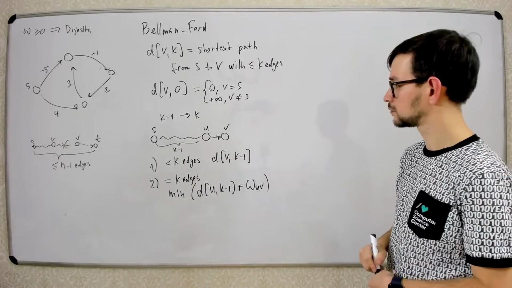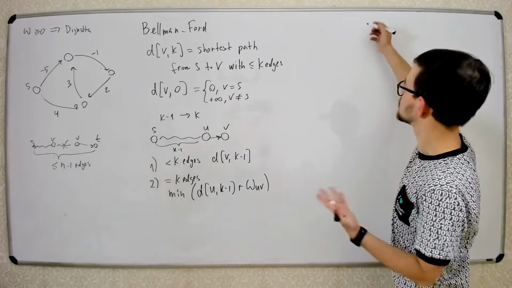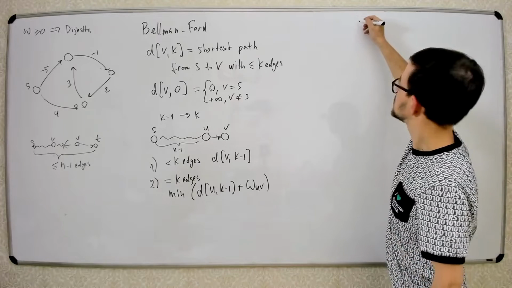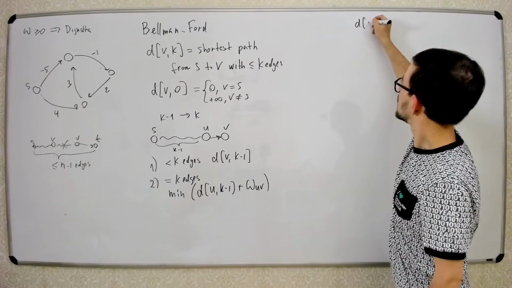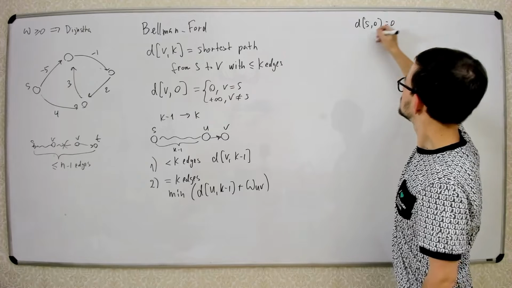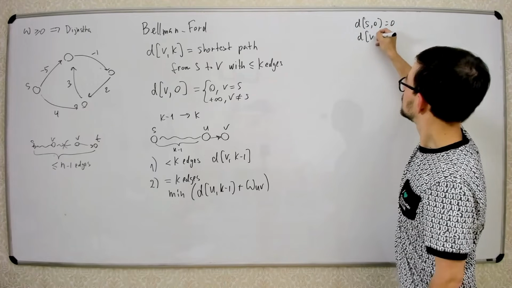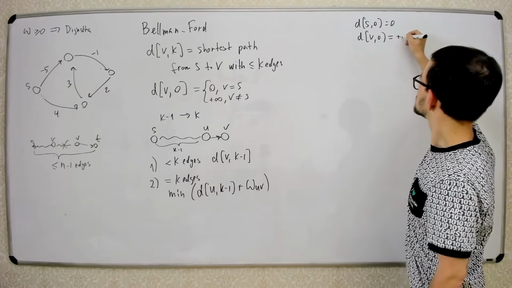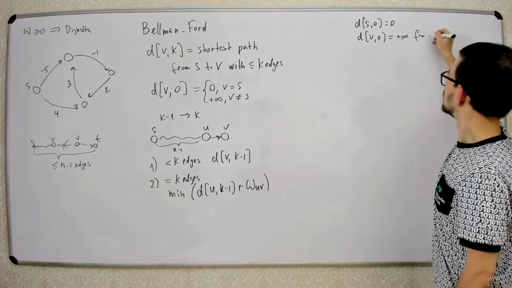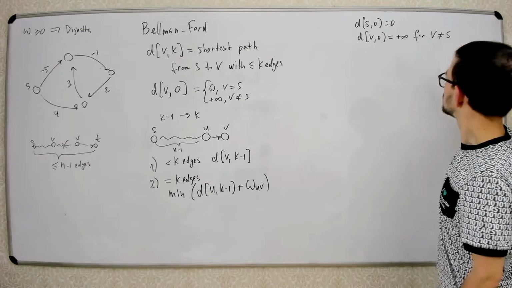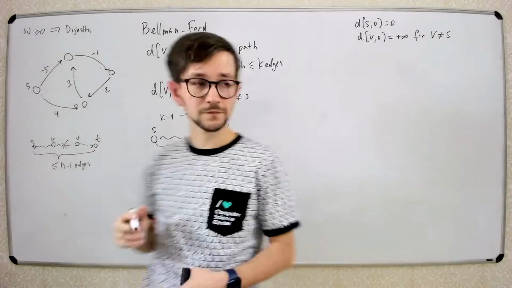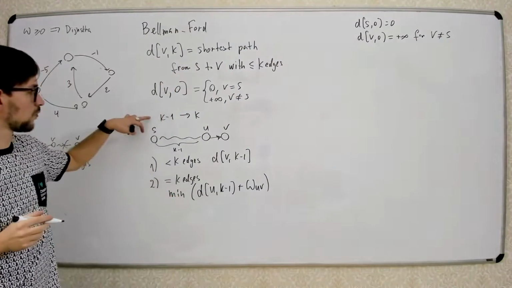That's the whole plan. Let's write the code. The code is actually very simple. First we say that d[s][0] is 0, and d[v][0] is plus infinity for all v not equal to s. And now we iterate over all values of k.